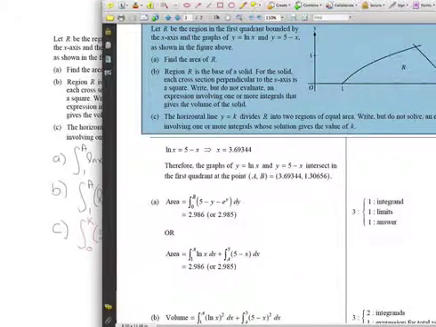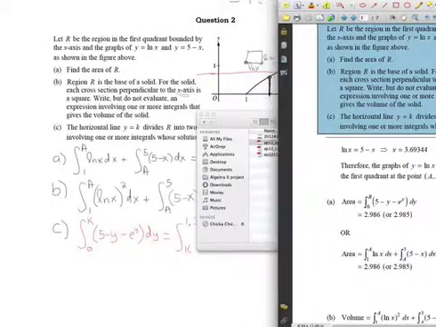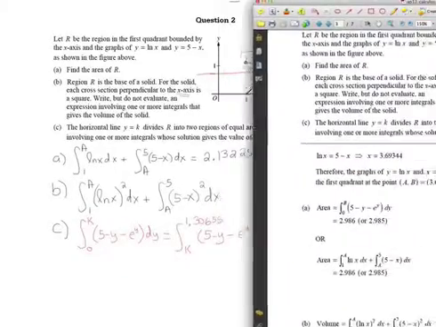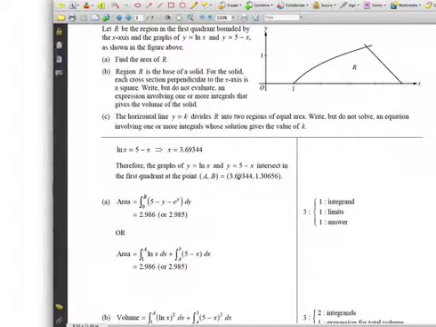So they did it two different ways, just like us. We talked about it. So this way they did it as a dy, so they went right to left. Or you could do it like we did and break it up into two, get 2.986. So you got your points, one for the integrand, either one that you do, one for the limits, so going to the right locations, and then one for your answer.